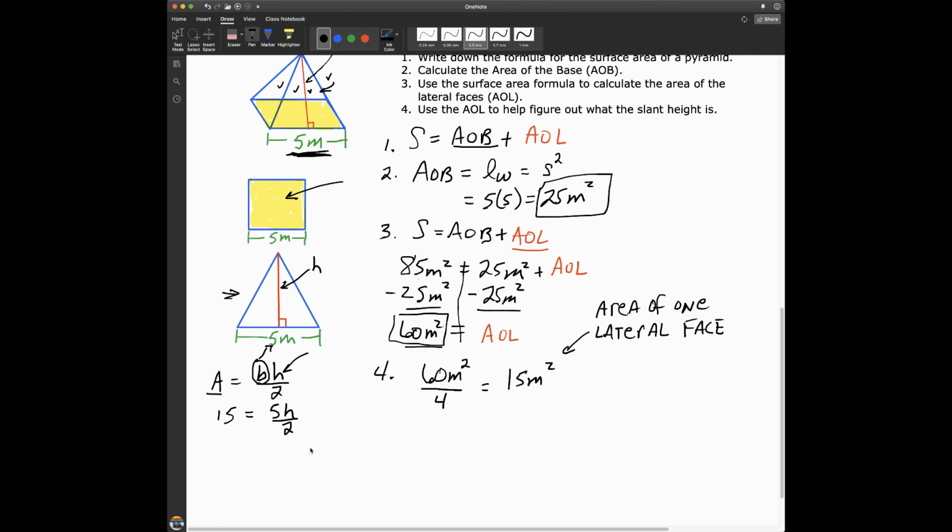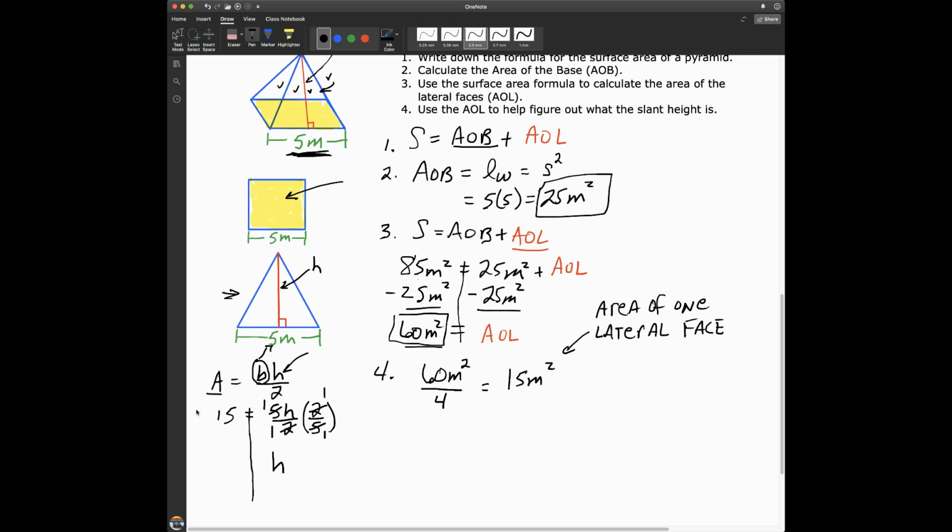One of the things we learned way back in chapter 3 was that I have a numerator and a denominator here, so I can multiply by the reciprocal on this side. And why do I do that? Because now this 2 in the numerator cancels with the 2 in the denominator. This 5 in the denominator cancels with the 5 in the numerator. So I will just be left with h.